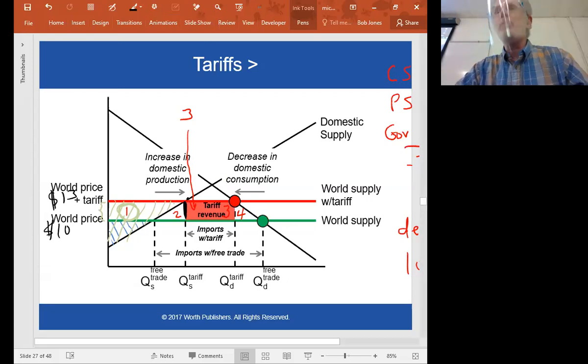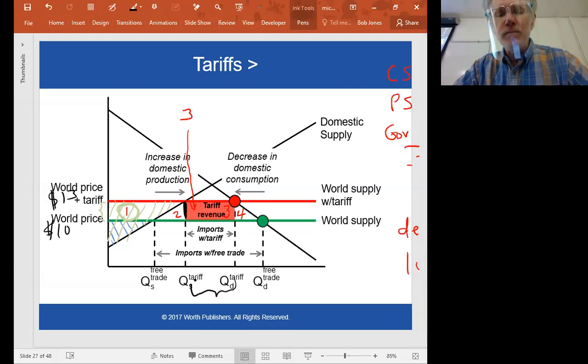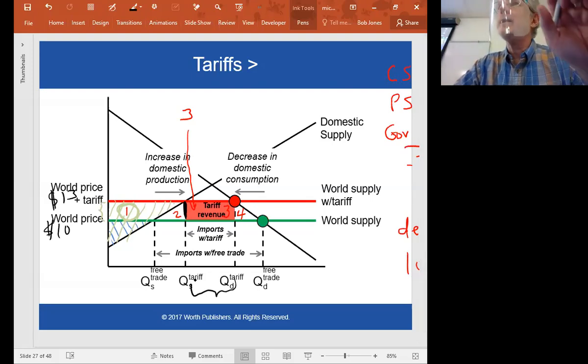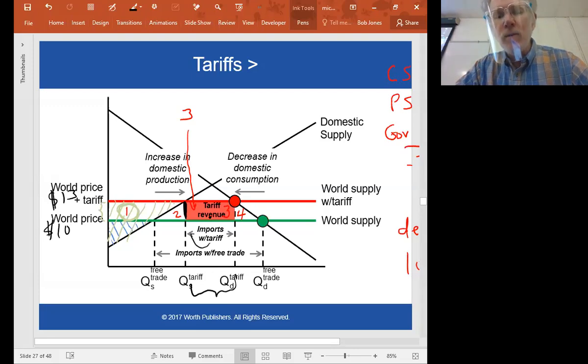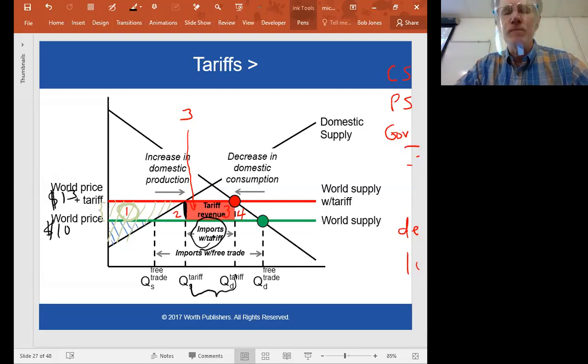How much is being imported? I think it was 130. No, I forget the exact, I don't think that was it. But on the graph, consumers are now buying this quantity. American producers are producing this quantity. So the difference there is the amount that we are importing.